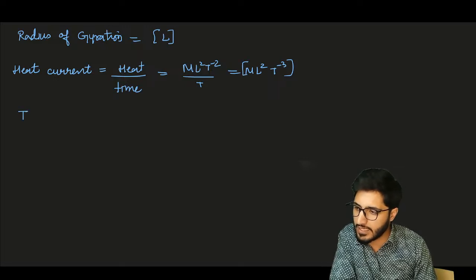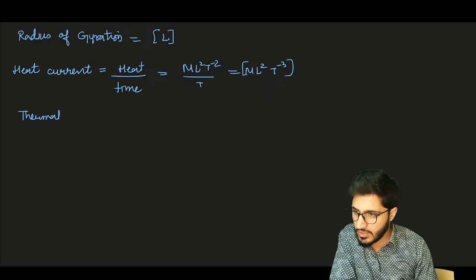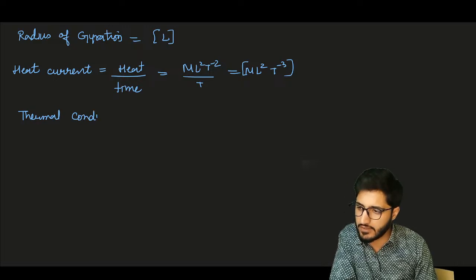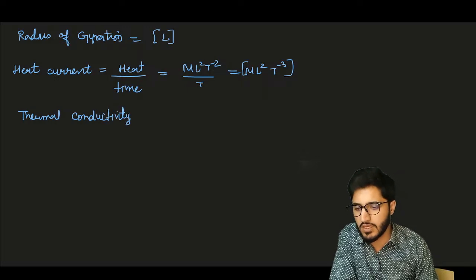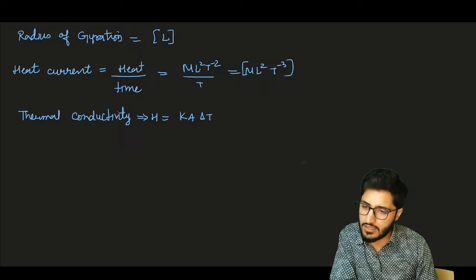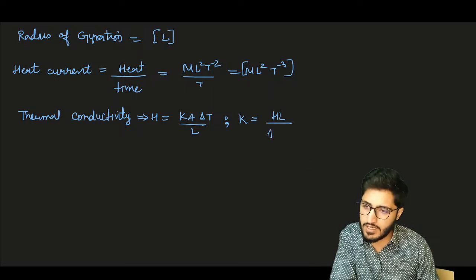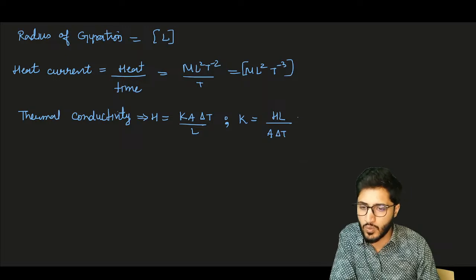We're having thermal conductivity. So it is basically H equals KA delta T whole divided by L. So K is HL divided by A delta T. What is H?